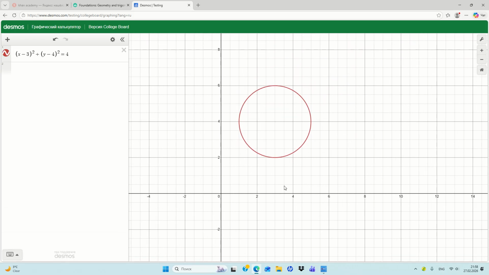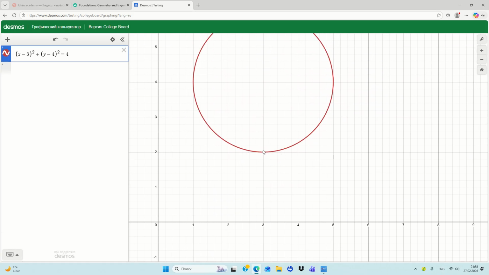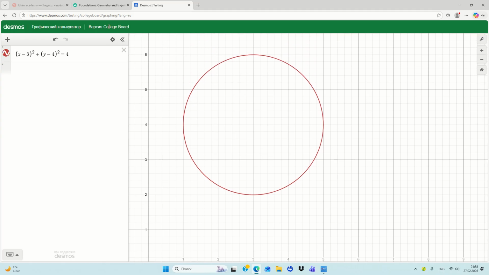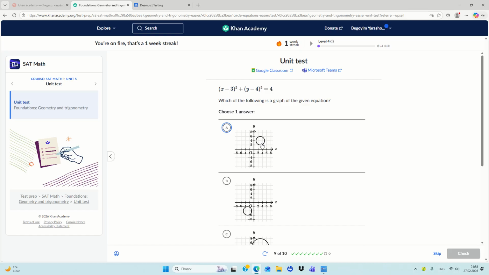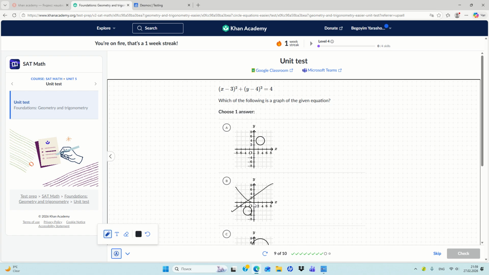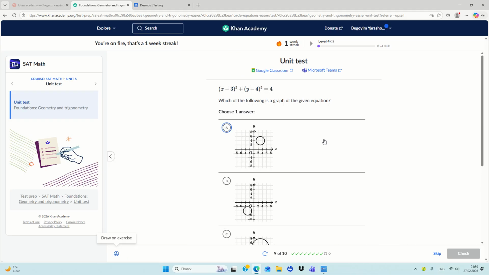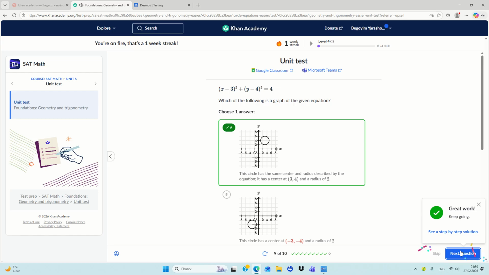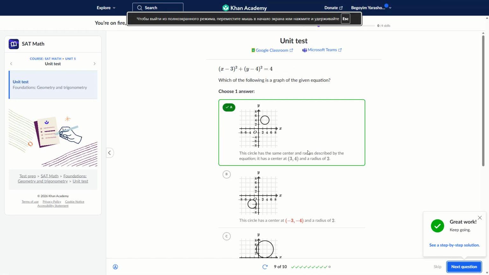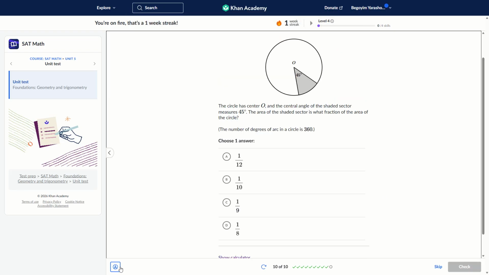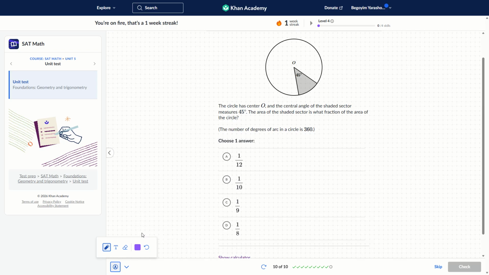It looks like this. Maybe this one. Okay, let me check it. It's definitely not this answer. No, no, and no. The answer is A. This can be helpful in questions where you need to find a graph, and additionally it gives a proper and quick solution to your problem.